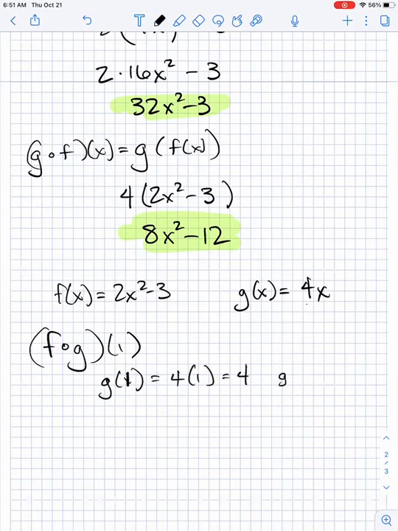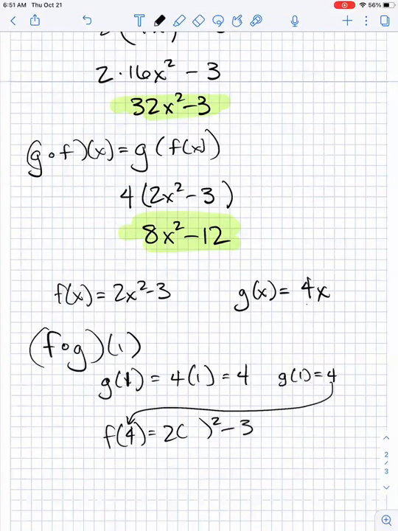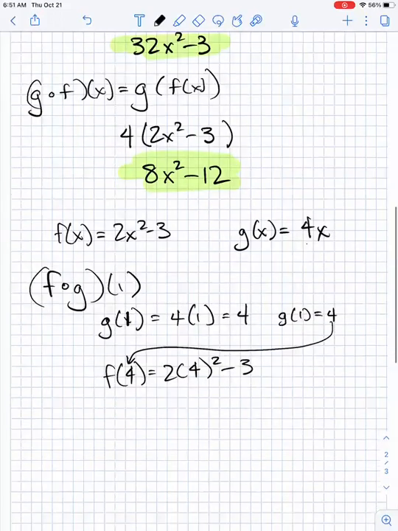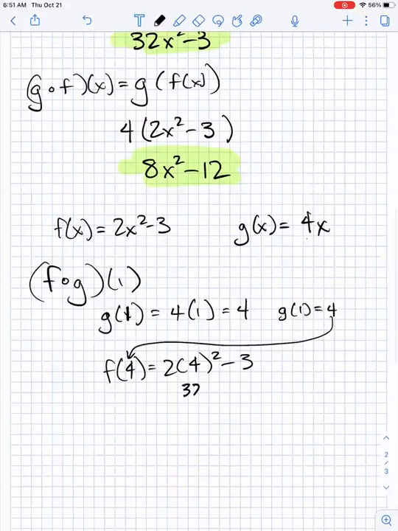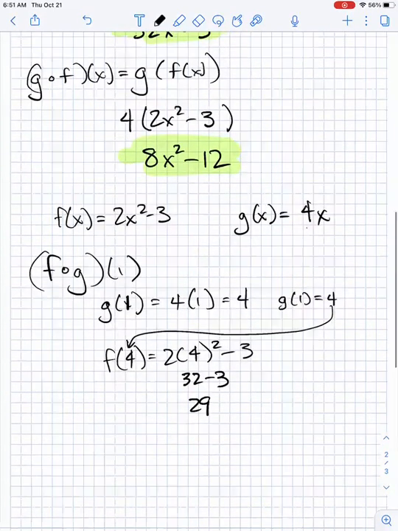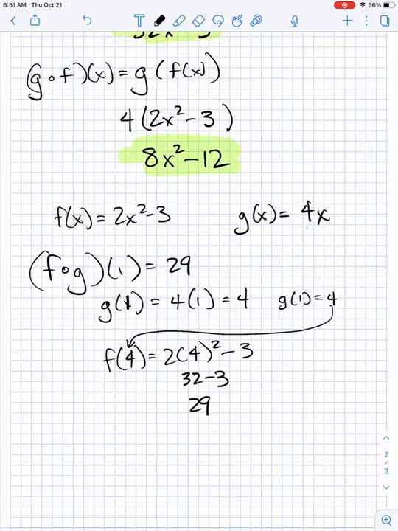So g of 1 is equal to 4. I'm going to take that 4 and plug that into my f of x function. So again, replacing the x with the 4, I get 16 times 2, or 32, minus 3, which gives me 29. So f of g of 1 is going to be equal to 29.